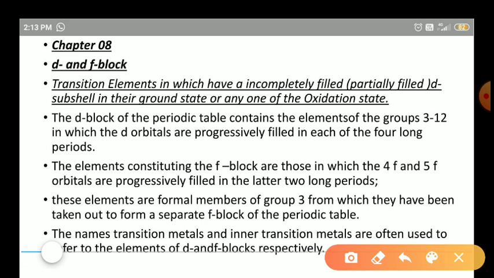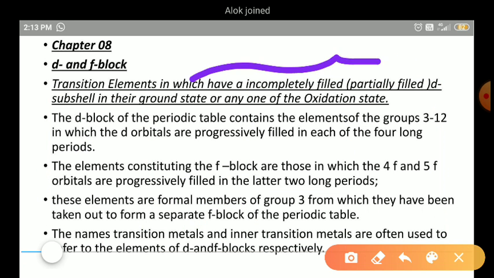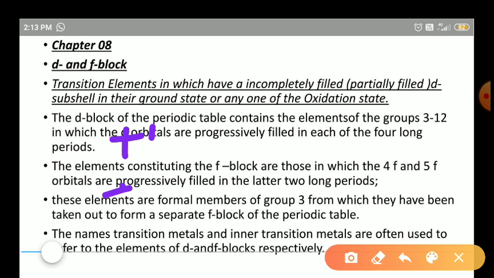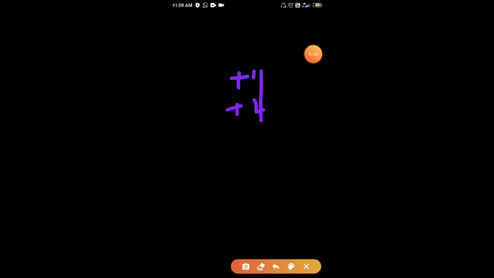So it is incompletely or partially filled in the ground state, or in any one oxidation state. Any one oxidation state means the atom, whatever the d block element, may exist as +1, +2, or any one oxidation state in the ground state.